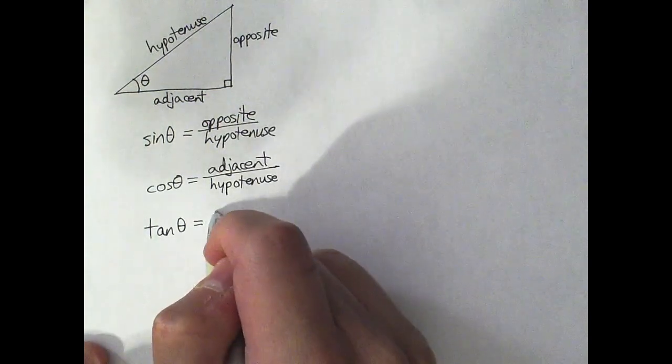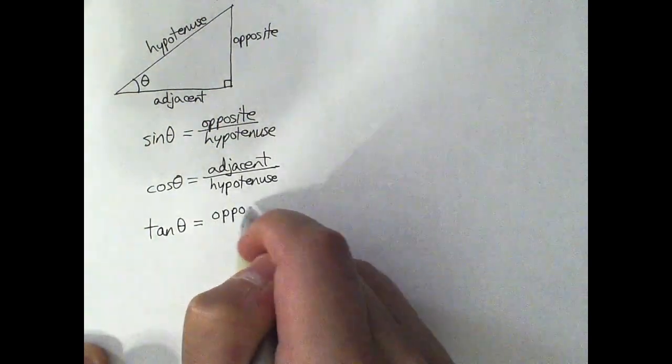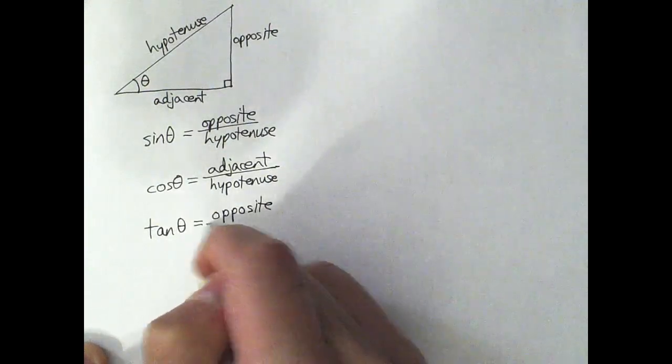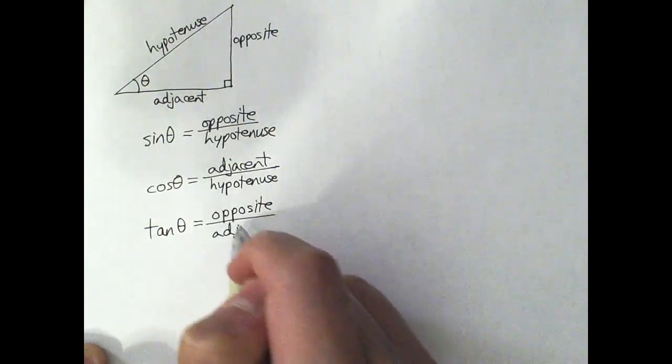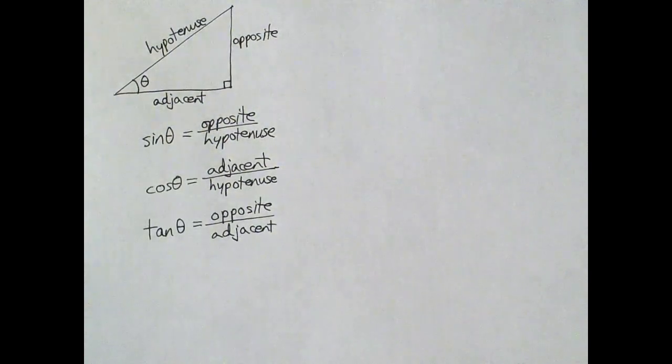For tangent, there's a couple of ways that you could get tangent. One thing is we could still use our old rule that says tangent of something equals sine over cosine. And if you do that and cancel appropriately, you're going to find that this equals opposite over adjacent. Now, I'm going to tell you that you need to remember these.